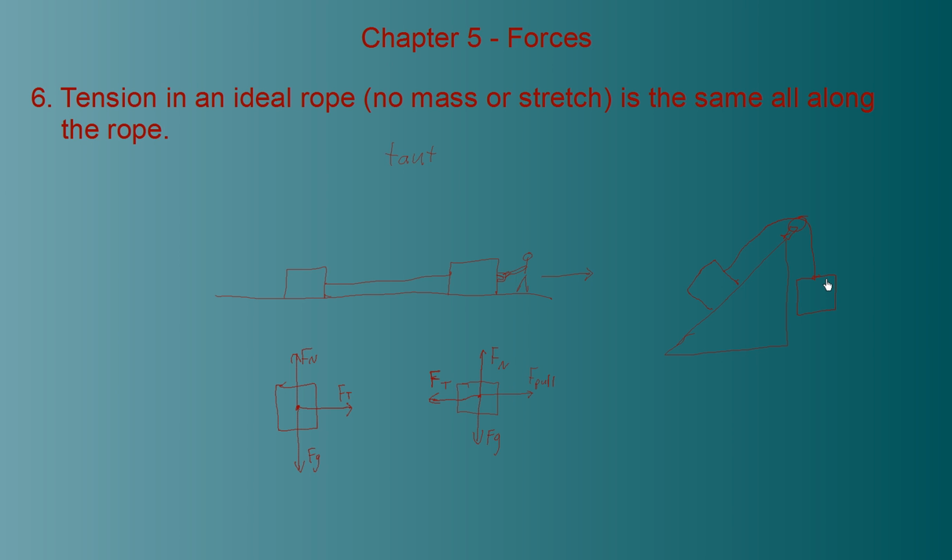You know the tension going up this way, holding this block up or pulling this block up, equals the tension pulling this block up the ramp, because the tension in the rope, even with the pulley attached, is equal all throughout. That's only with an ideal rope, which means it doesn't really exist. It's a rope that has no mass and doesn't stretch or do anything else. It's like a purely solid object.